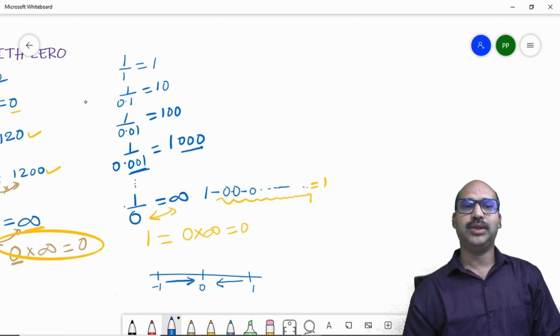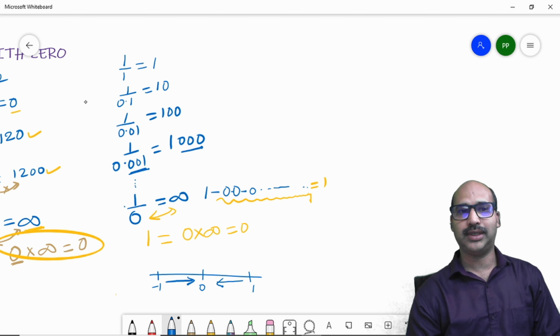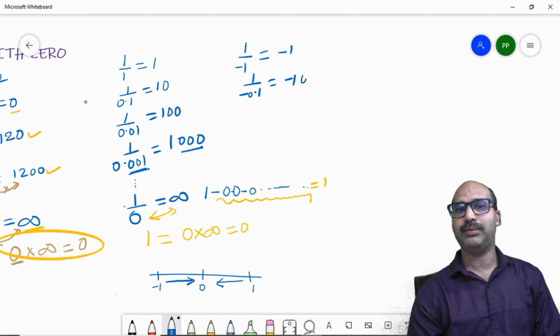So if we consider negative numbers, 1 by minus 1 is equal to minus 1. 1 by minus 0.1 is equal to minus 10. 1 by minus 0.01 is equal to minus 100 and so on. 1 by 0 is equal to minus infinite.